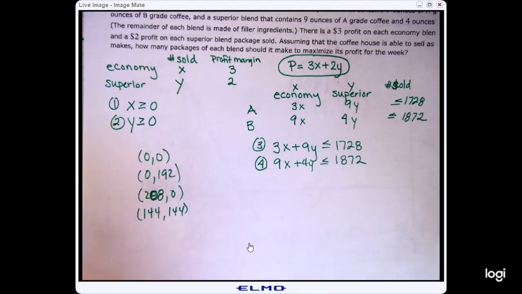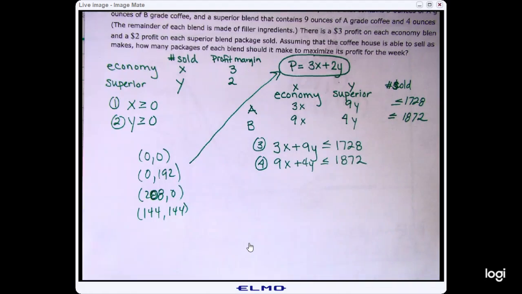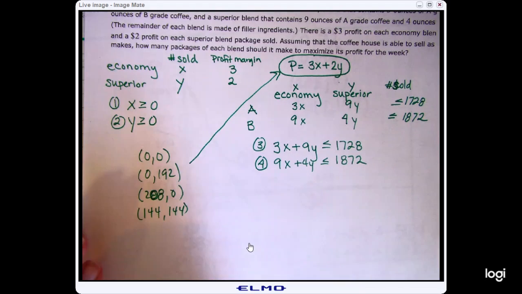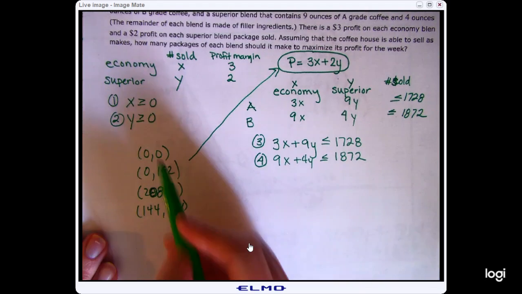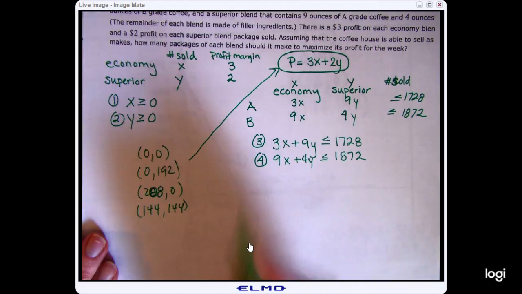Now remember, we had this awesome profit equation that I said we'll come back to later, and that was 15 minutes ago. These are huge problems. I'm going to plug every value in there and see which gives me the highest p-value.